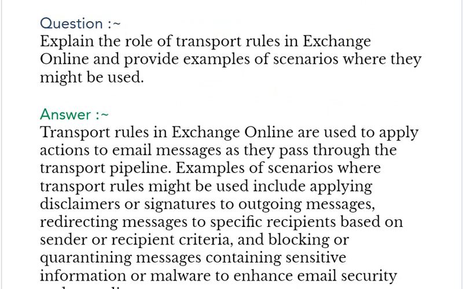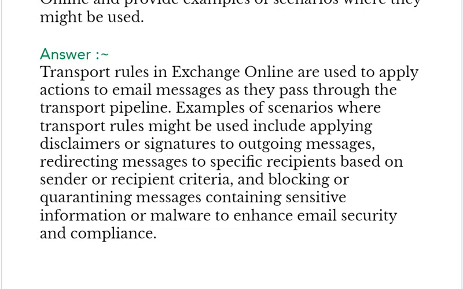Our interview question based on MS-203 is: explain the role of transport rules in Exchange Online and provide examples of scenarios where they might be used. Your answer should be: transport rules in Exchange Online are used to apply actions to email messages as they pass through the transport pipeline.